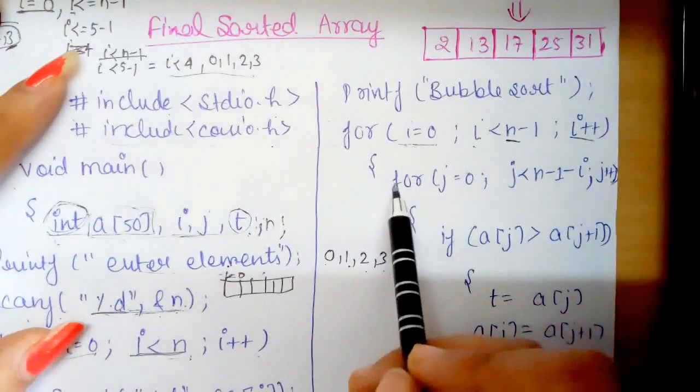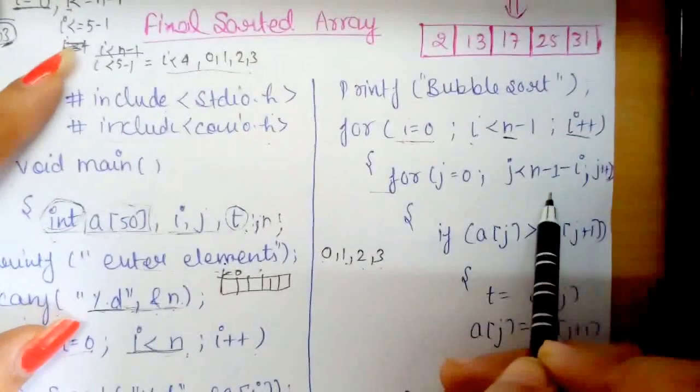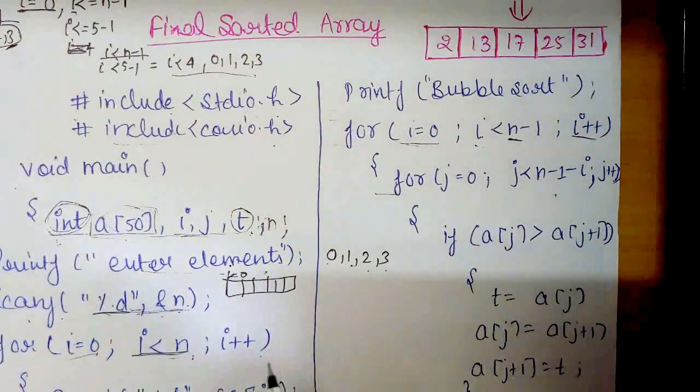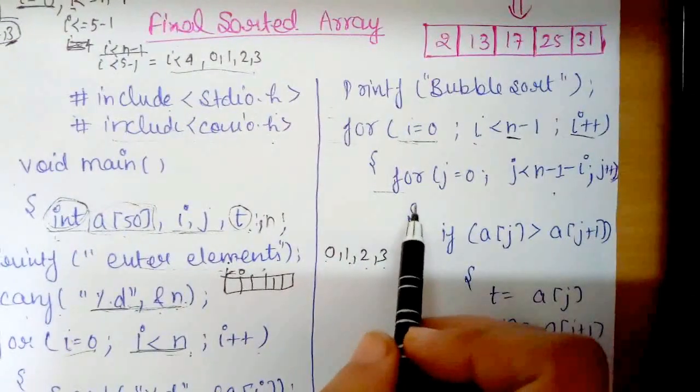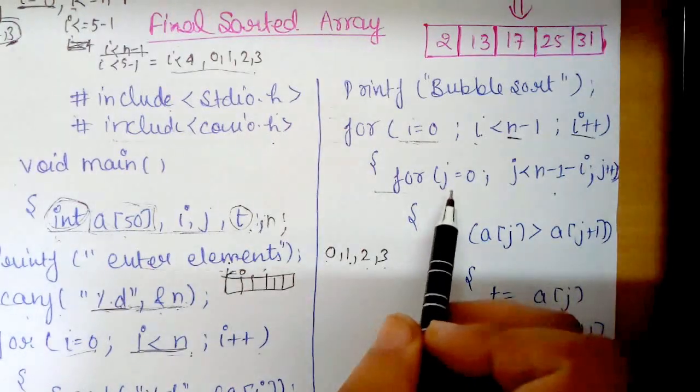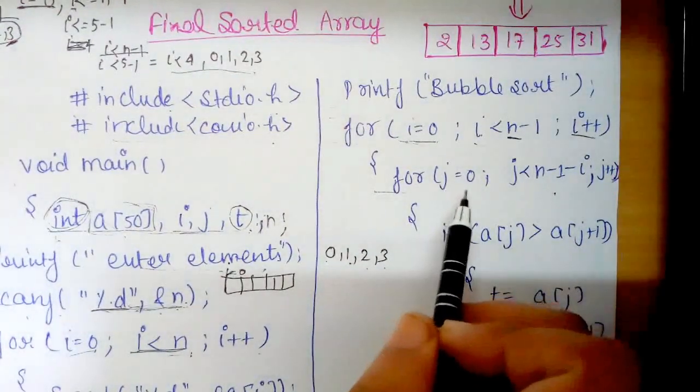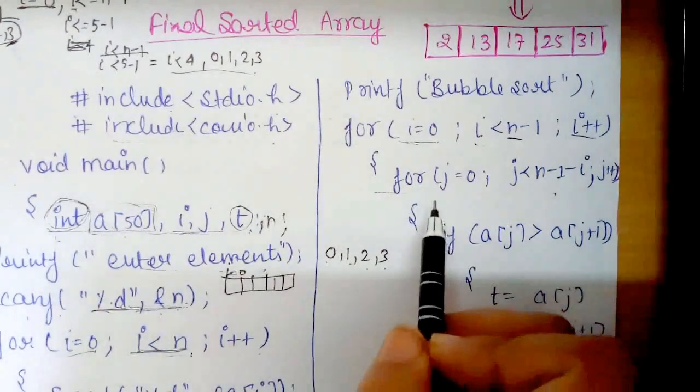Under this loop I am doing many comparisons. As you can see, as the number of passes increases, the number of comparisons decreases, which means there is a relationship between passes and comparisons. Now, what is the starting condition for j?